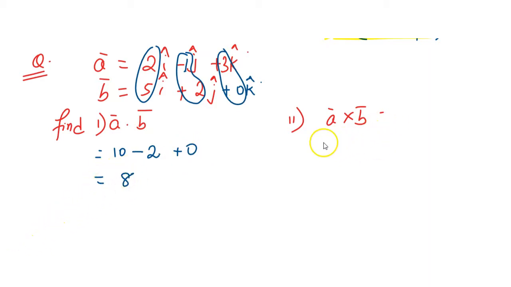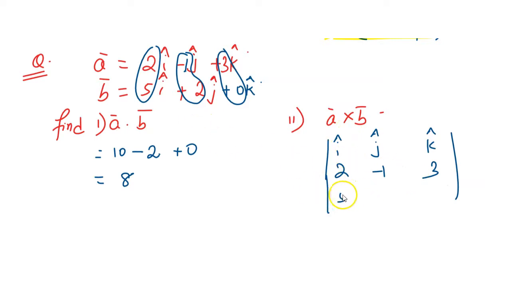Same goes for cross product. We will directly use the determinant. So i cap, j cap, k cap. We'll write the coefficients of A vector, that is 2, minus 1 and 3. For B vector, the coefficients 5, 2 and 0. So we will use our method to find out this determinant. So that will be i cap, minus 1 into 0, 0 minus 3 into 2.